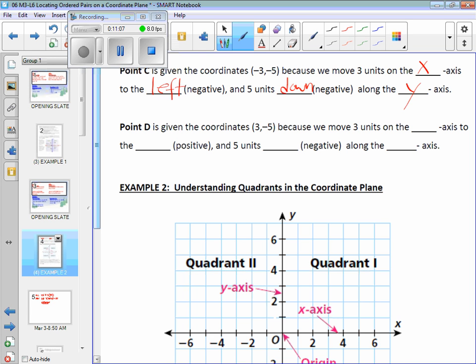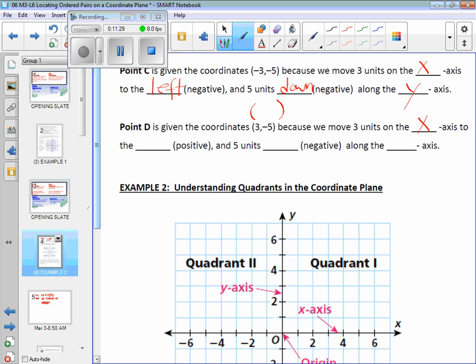All right, what about here? Point D, given the coordinates 3, negative 5. Notice, when we write coordinates, they are surrounded by parentheses. That's the way you write it out. 3 units on what axis, Hannah? Correct, x is always first. Right or left?